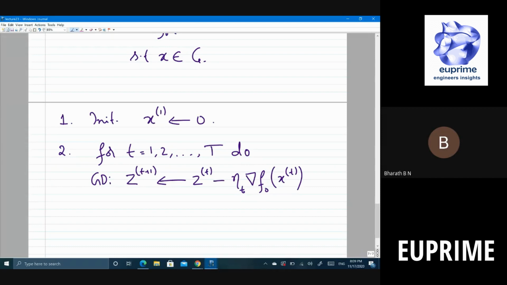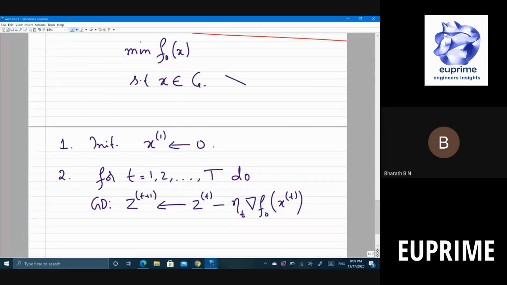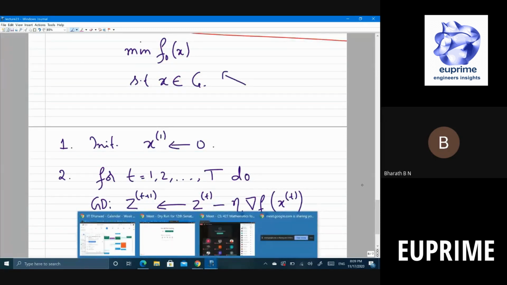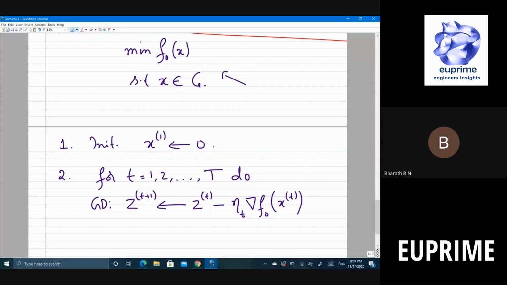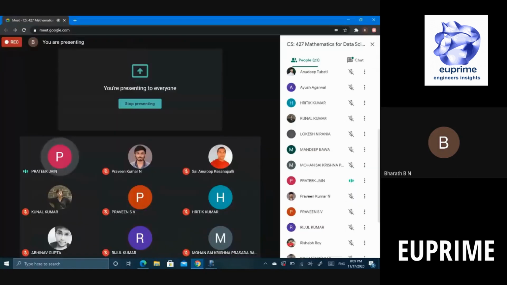Now what's the problem? If I stop here and keep looping, what will happen? What is the issue? Will it solve this problem? Can somebody tell me? I'm basically doing gradient descent, and I'm forgetting about the constraints. Maybe Rijul, can you tell me what happens? Sir, can you repeat one thing?